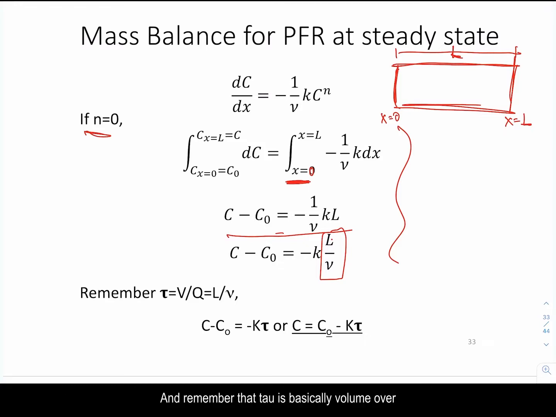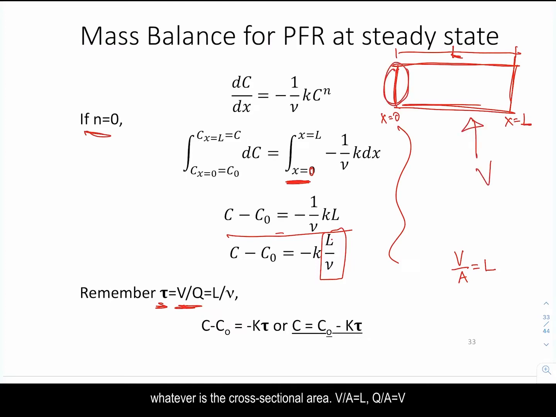And remember that tau is basically volume over Q, which if you divide both of them by A, volume over A becomes L, the length, and Q over A was velocity. So same thing, right? So L over v basically becomes tau.